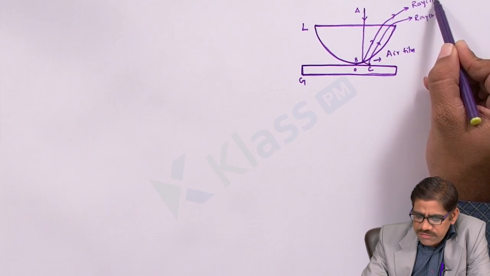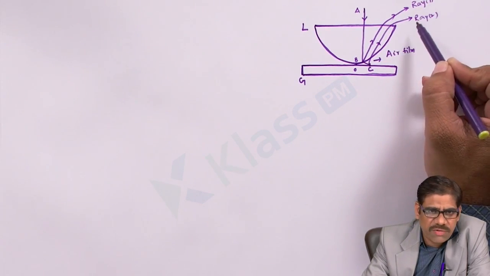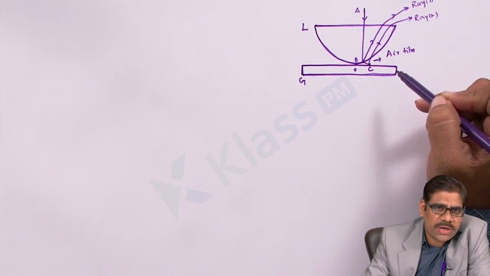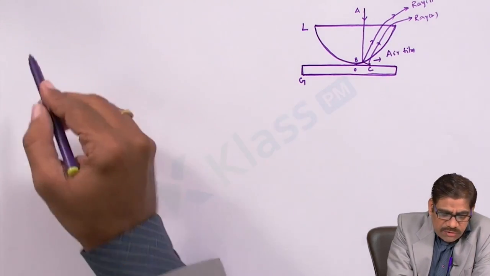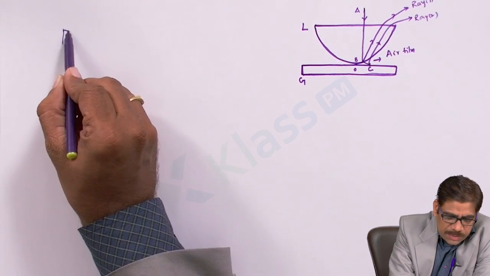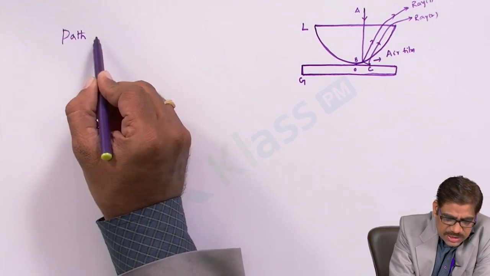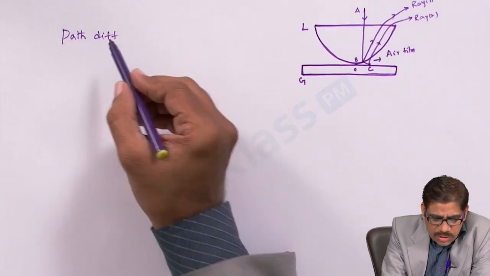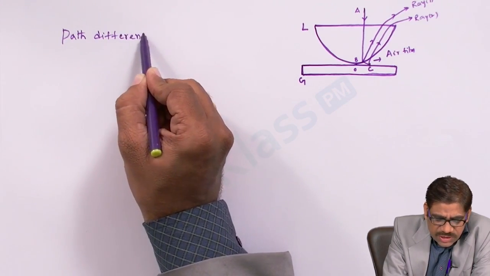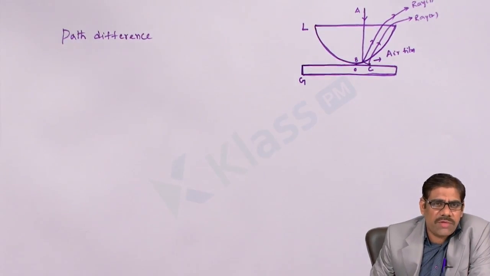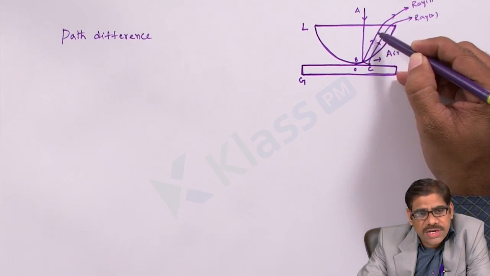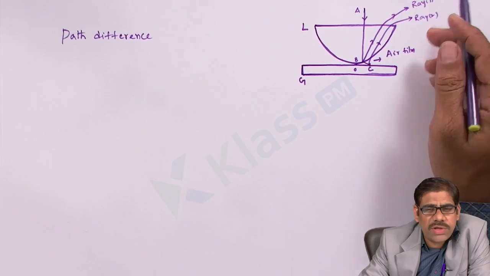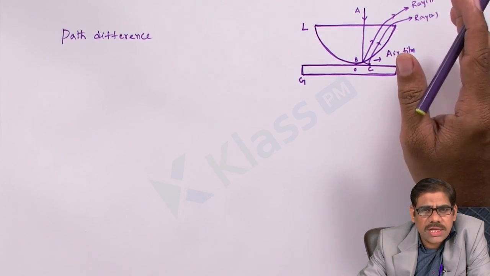Now, the path difference between these two rays, ray 1 and ray 2, with respect to the plane glass plate and the convex lens is to be found out. Before calculating the path difference, let us discuss one more important point. The ray 1 which is reflected back happens without any change in the path difference.